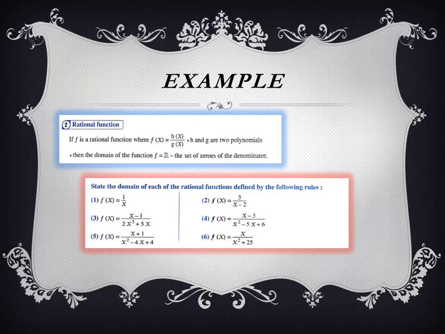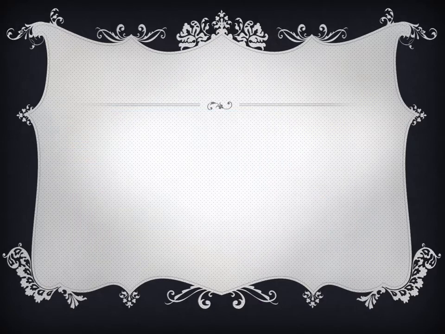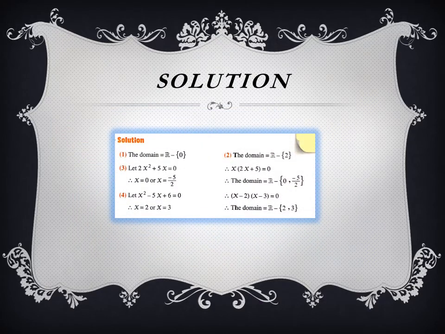For the second one, x minus 2 equals 0, so x equals 2, so the domain is R minus {2}. For the third, fourth, fifth, and sixth ones, we are going to get the factors of the denominators and solve the equations, and the domain is going to be like that.